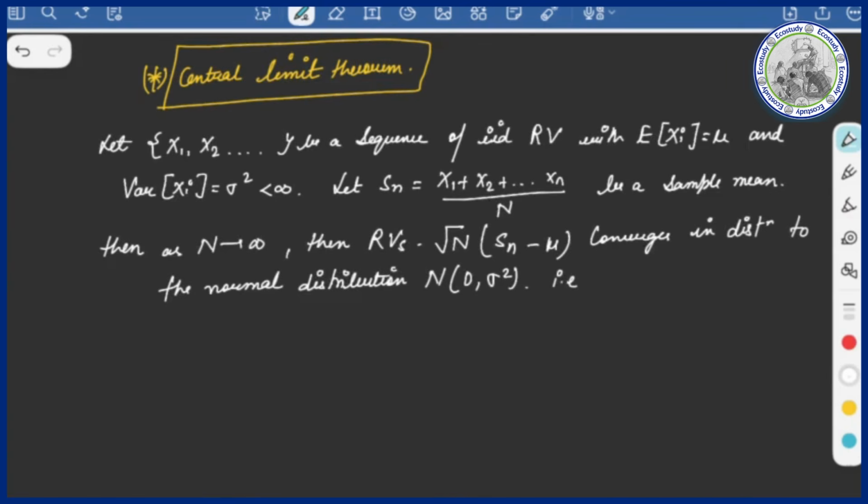That is, root n into (Sn minus mu) will converge in distribution to normal 0, sigma square.